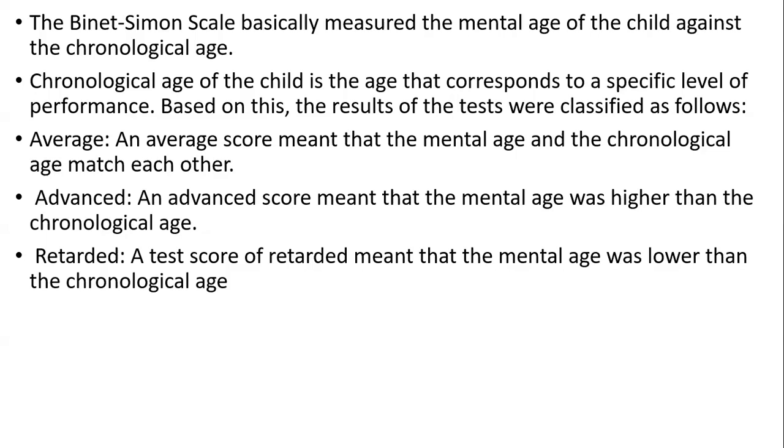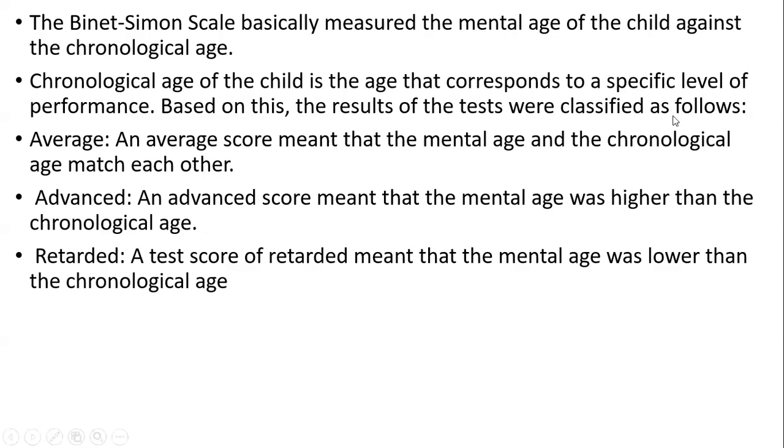Mental age means, according to their normal age, whether their intelligence is higher or not, right? Chronological age means the normal growth according to normal age. The chronological age of the child is the age that corresponds to a specific level of performance. Based on this, the results of the test were classified as follows.